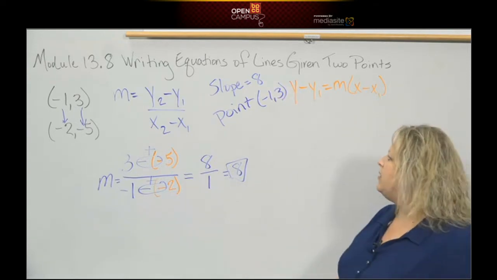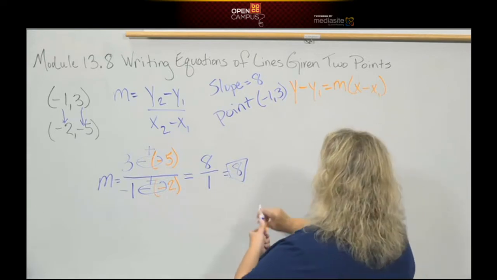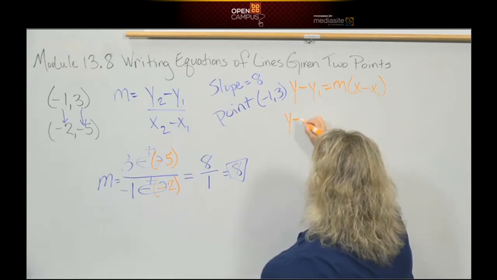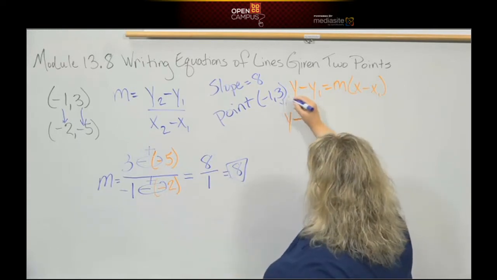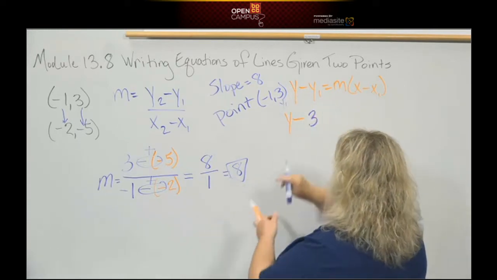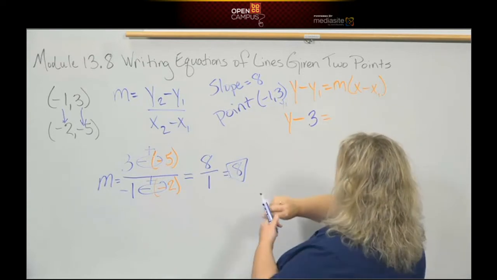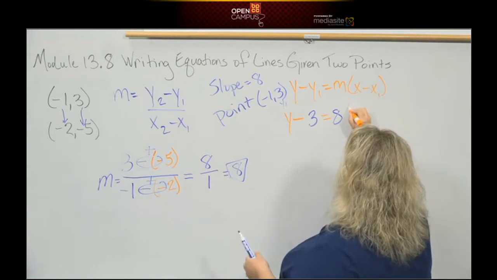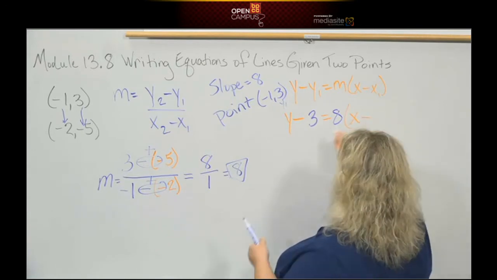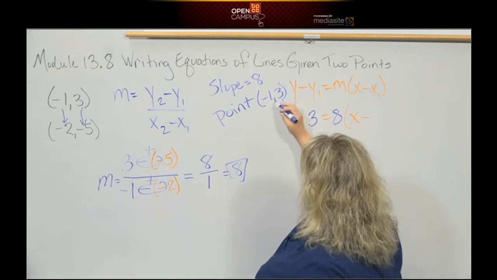All right, so here we go. We got y minus y1. Here's my y1 right here. 3 is equal to m. M is 8 times x minus x1. X1 is right here.